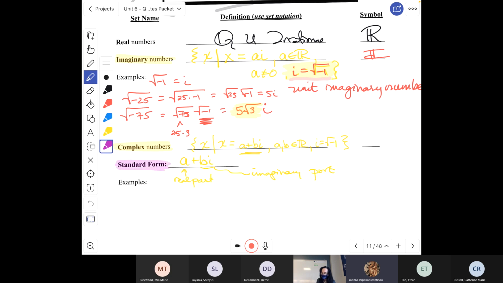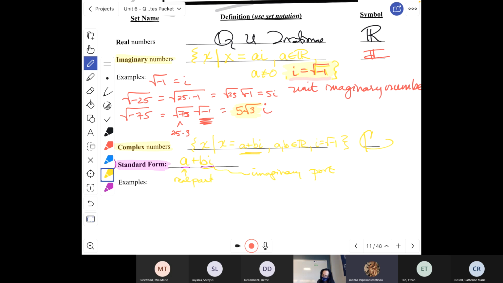Do not give me the imaginary part first. That is not best practice. Best practice is that we represent all complex numbers in standard form, meaning the real part first, plus or minus the imaginary part. How do I represent the set of complex numbers? The set of complex numbers is a double struck C. Complex numbers. Makes sense.